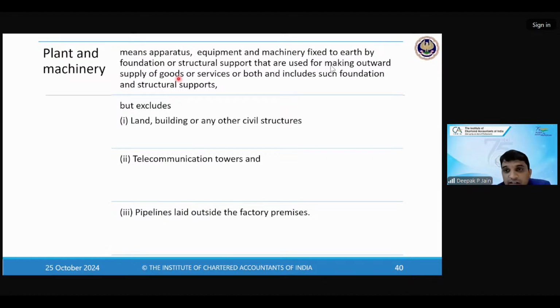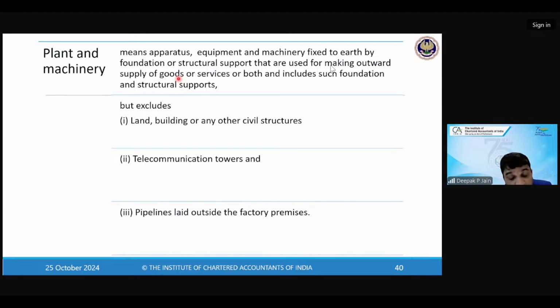Anything which is fixed to earth by a foundation or structural support that is used for making outward supply of goods, and includes such foundation. So a passenger lift will not be a plant and machinery, but a goods lift, which is used for transportation of equipment, will be allowed as a plant and machinery because a passenger lift is not used for any further supply.